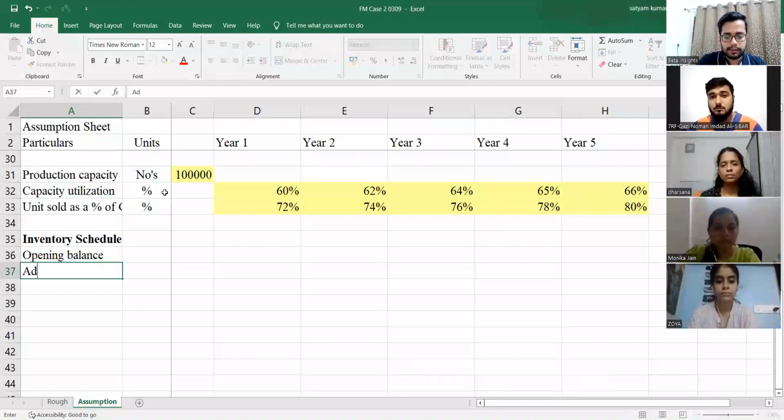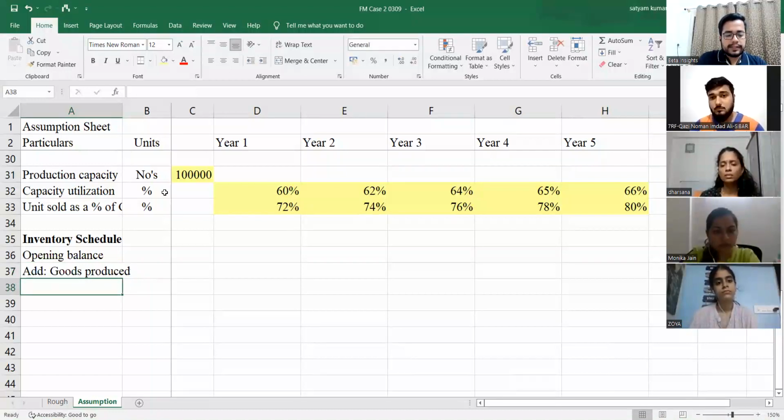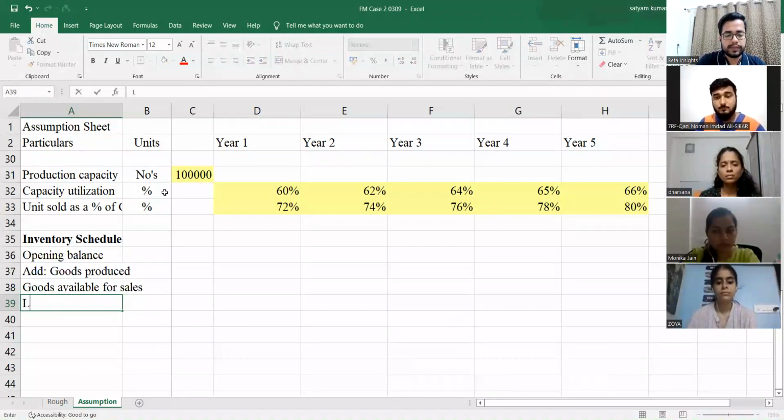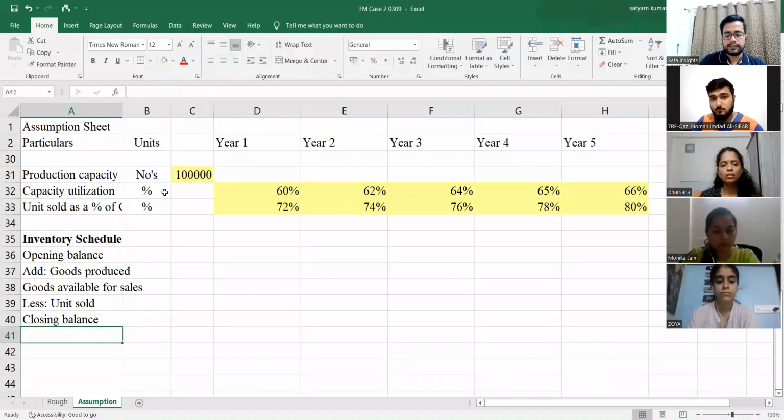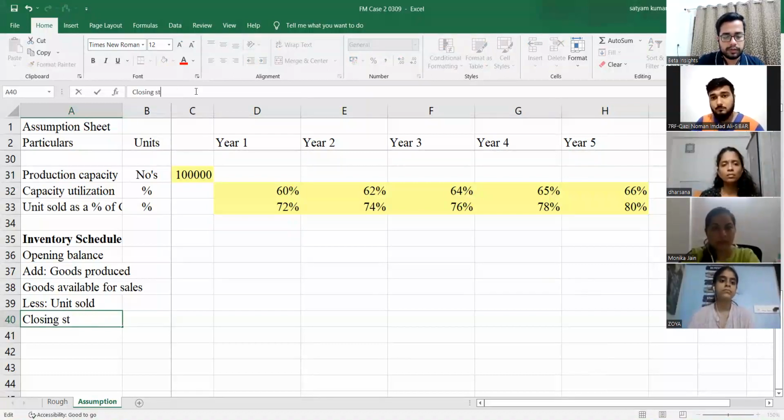Opening balance, add goods produced. In this case we are a production unit, so we are going to produce; we are not going to purchase anything. This will give us information on goods available for sales. From this we need to subtract units sold, and we arrive at closing balance, or in very simple terms, closing stock.